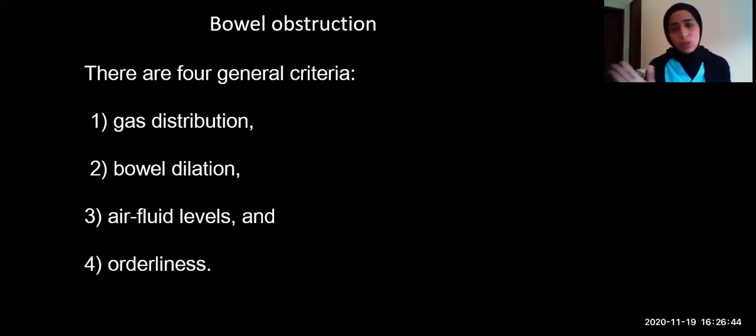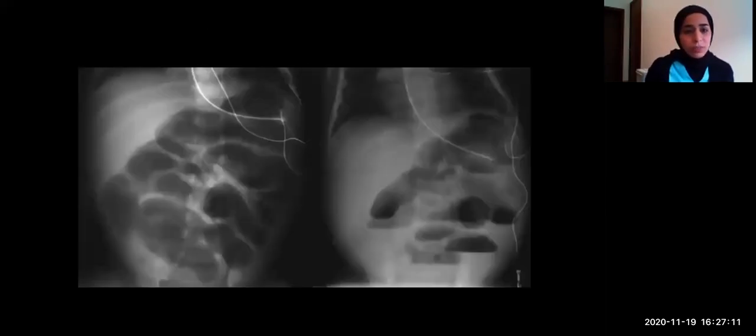If it's dilated, it will be obvious, but the abnormal distribution or orderliness, that means how healthy the bowel is in the abdomen, gives you a hint what the diagnosis is and what is exactly going on in the acute abdomen, including the possibility of acute bowel obstruction. And always consider the imaging with the clinical scenario of the presented patient.